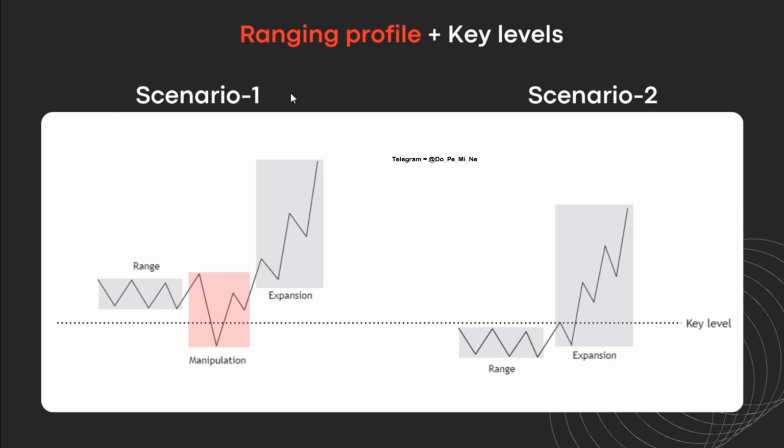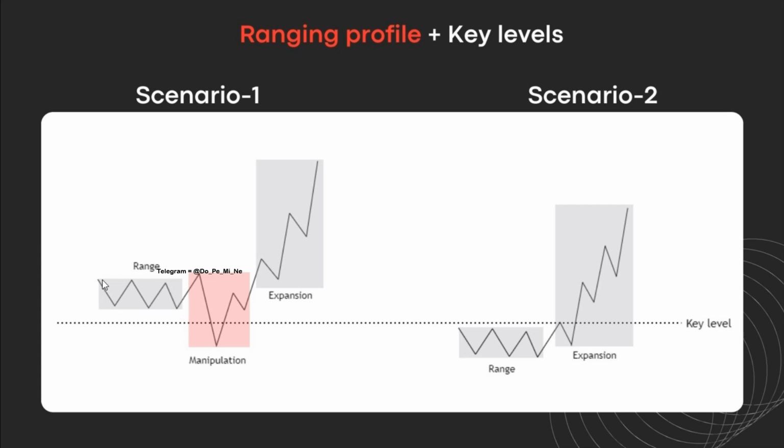Now, there are only two possible outcomes or scenarios we can have based on this combination of ranging profile and key level. The first one is when price forms a range and the ranging profile ends without testing a key level, right? Now, this key level could be in the form of an order block, a breaker block, or maybe a high and a low, right? That doesn't matter. What matters is the logic behind it.